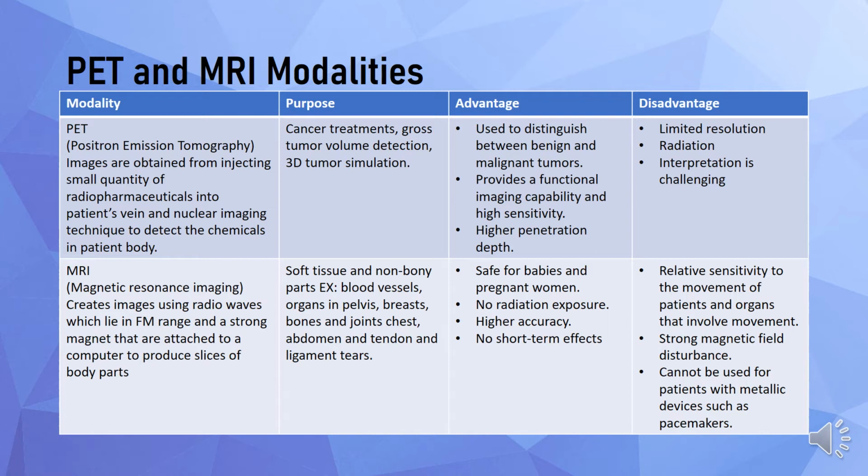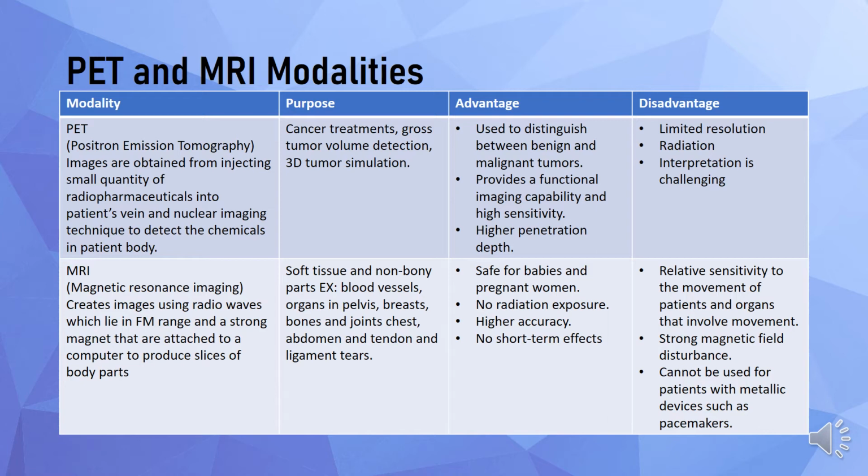Yeah? The MRI creates images using radio waves, which are in the FM range, and a strong magnet attached to a computer to produce slices of body parts. The purpose is to scan the soft tissues and non-bony parts, for example, blood vessels, even the brain, abdomen, and tendon and ligament tears.